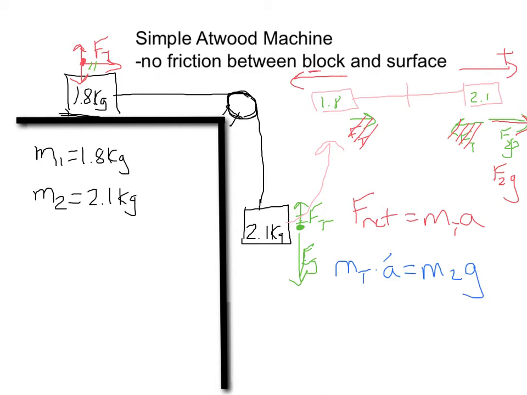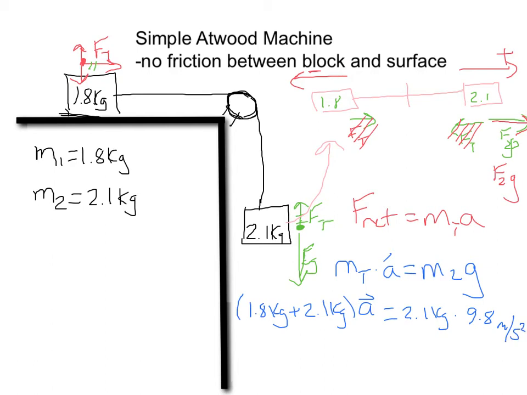And if I plug in some numbers, my mass total is going to be 1.8 kilograms plus 2.1 kilograms, times the net acceleration, what the acceleration of the whole system is going to equal, the only force that's acting on the system, mass 2, 2.1 kilograms, times the acceleration due to gravity, which we know is 9.8 meters per second squared.